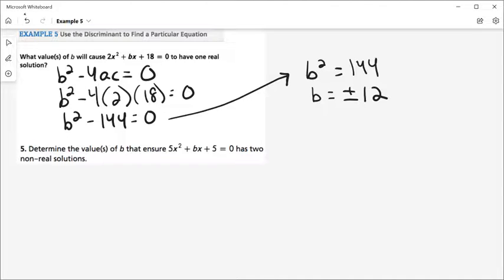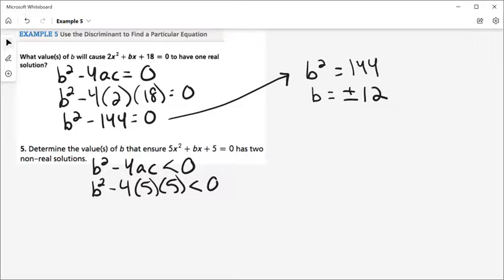In this other example 5, it's the Triad problem from the textbook, it wants us to find a value of b so that there are two non-real solutions. That means we want our discriminant to be less than 0. So b squared minus 4 times 5 times 5 needs to be less than 0.